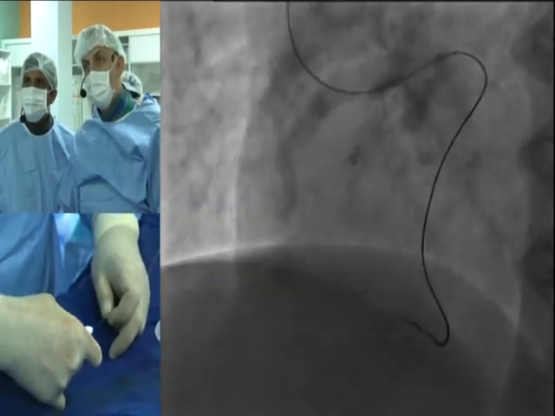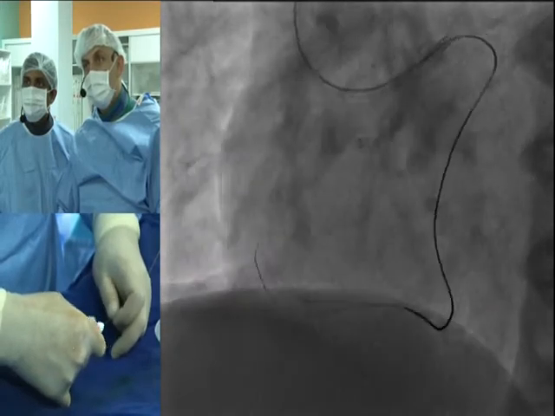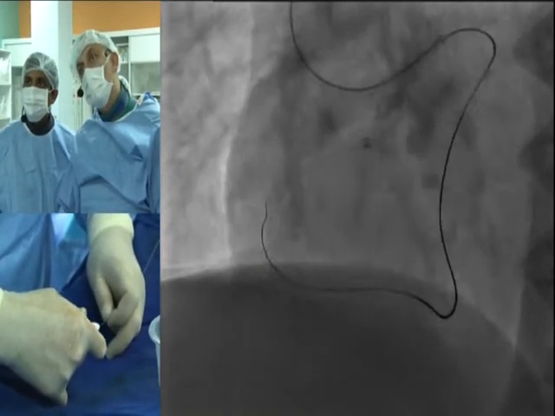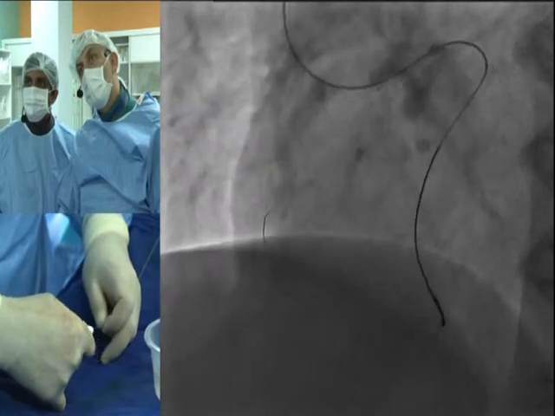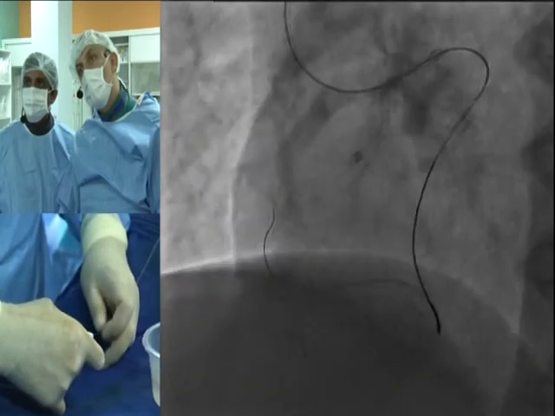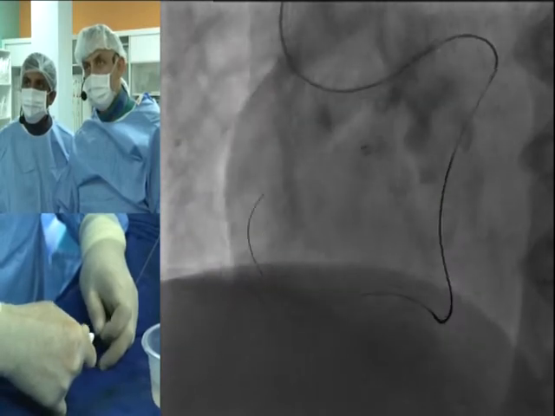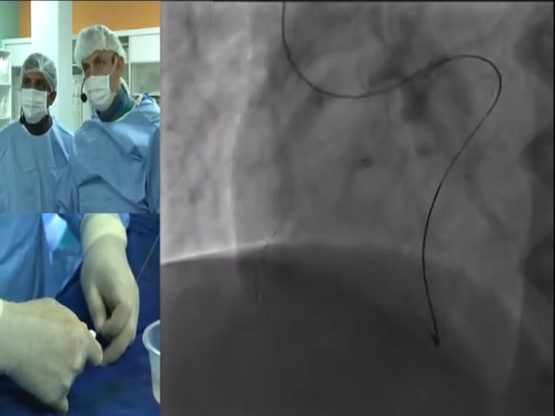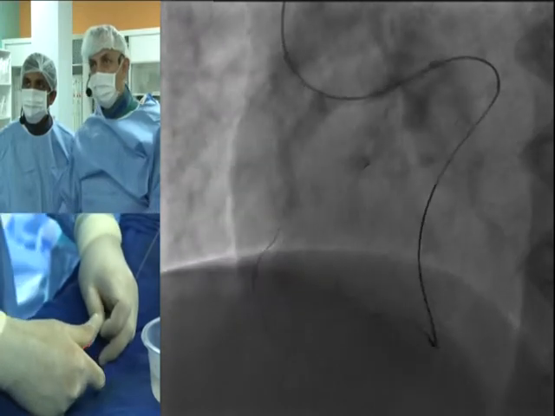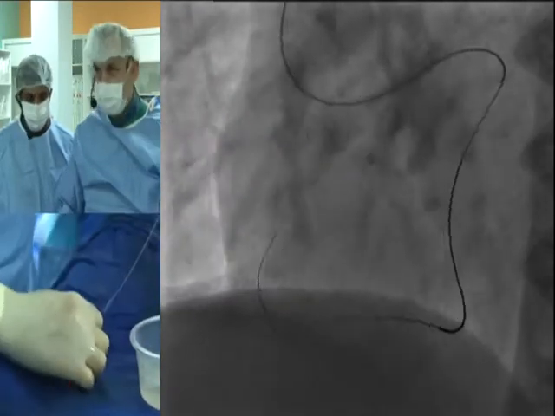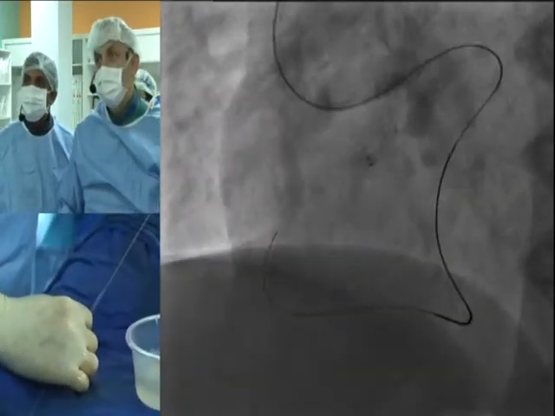Try to knuckle. Gaia Second has good torque control and also penetrable power. I will insert it slowly. I don't need to rush.